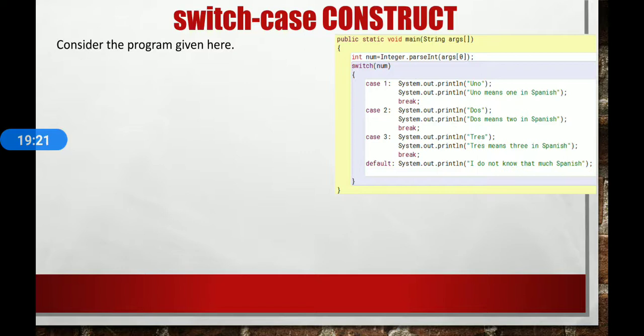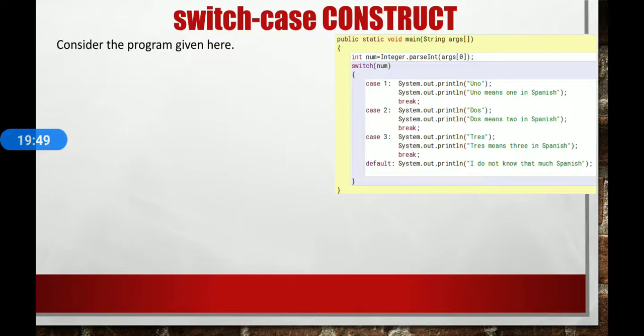If the value of num is 1, then it will display the output, which means 1 in Spanish. Then it will break and move out from the switch block. If the value of num is 2, then it will display the message Dios, and Dios means 2 in Spanish. Then again it will move out from the switch block because of the break statement.